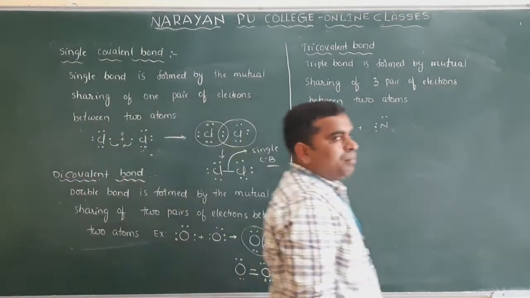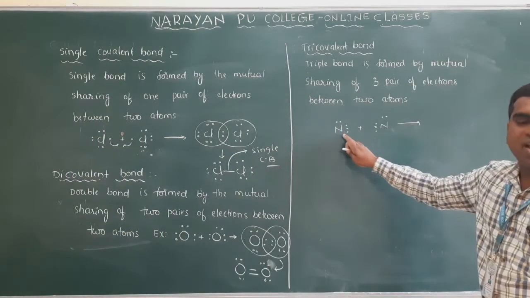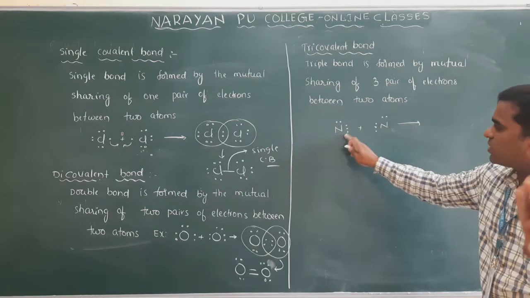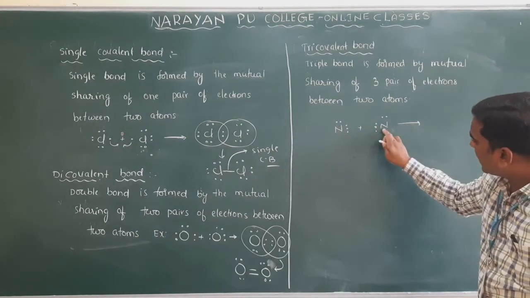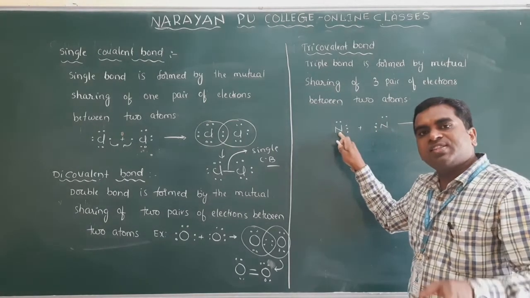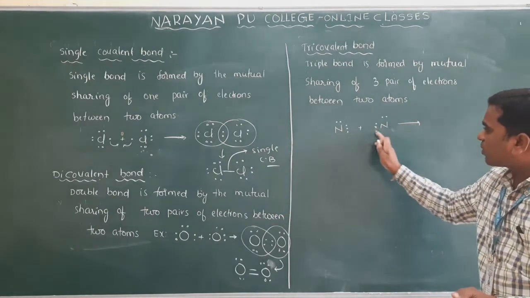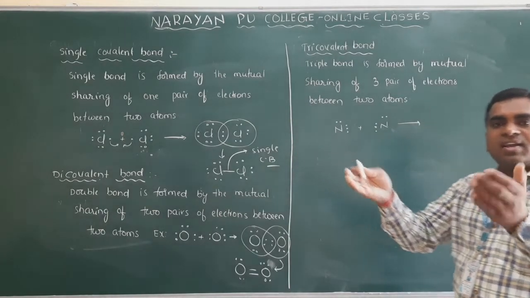Clear? So now mutual sharing. You see, this has 5 valence electrons. To get the octet, how many electrons are required? 3 electrons, and these 3 electrons will be shared. This nitrogen also requires 3 electrons to get the octet, and each nitrogen will share these 3 electrons and get the octet.